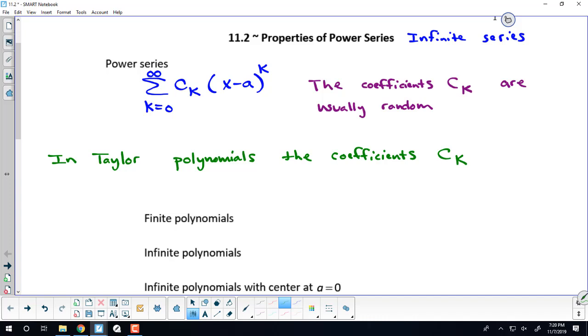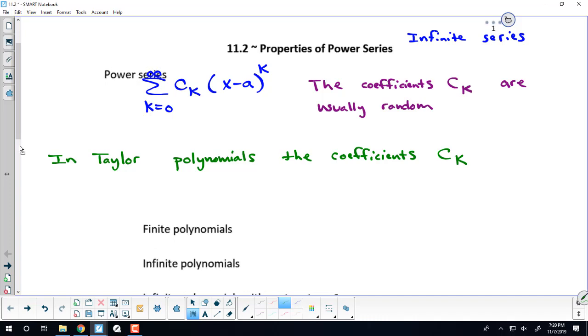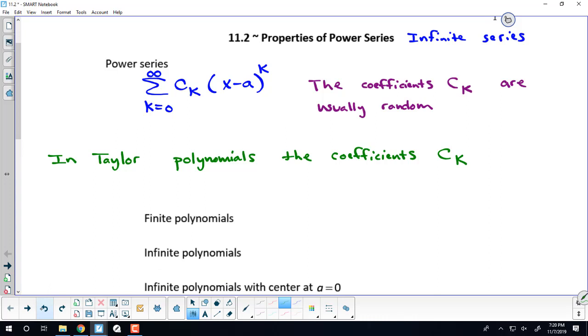Each coefficient had a particular definition, which was the nth derivative evaluated at a, all over n factorial. So those aren't random.